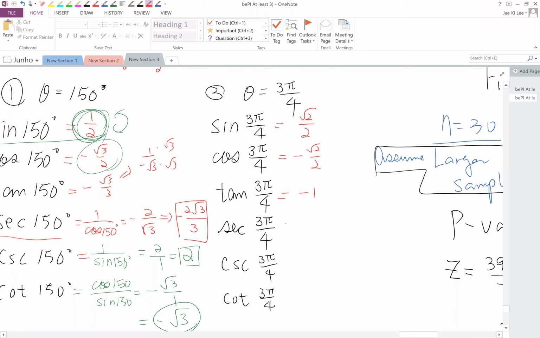Secant 3 pi over 4: negative root 2. Cosecant 3 pi over 4: root 2. Cotangent 3 pi over 4: negative 1.